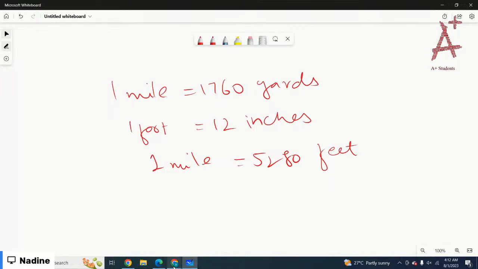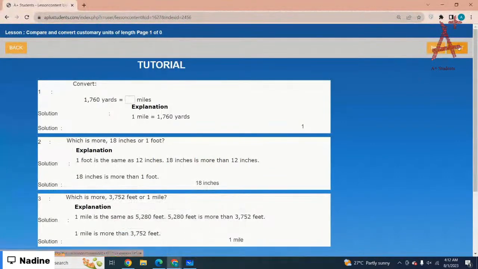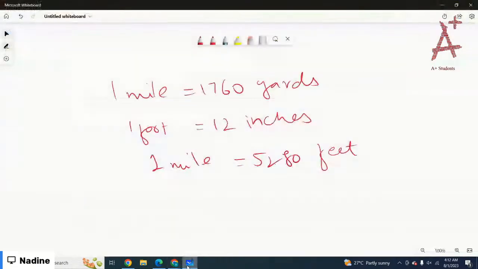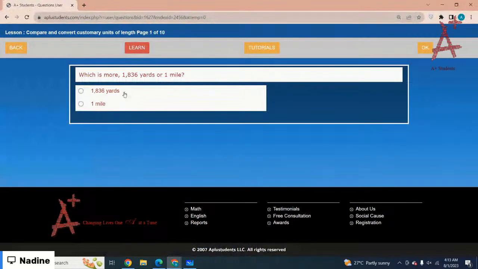Let's just start with the practice questions. Okay, which is more, 1,836 yards or 1 mile? So in 1 mile, we have 1,760 yards, right? That means 1,836 yards is more than 1 mile.